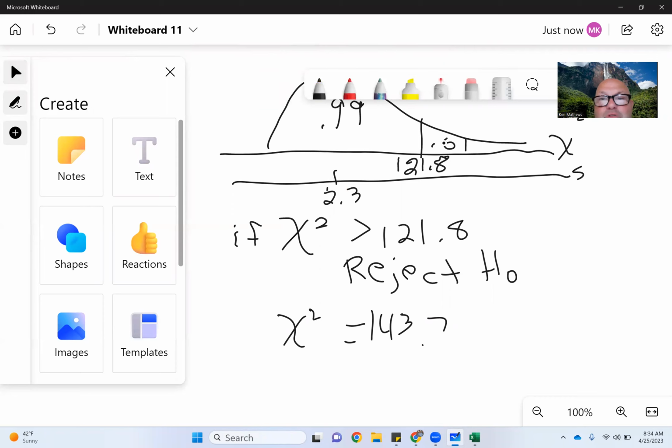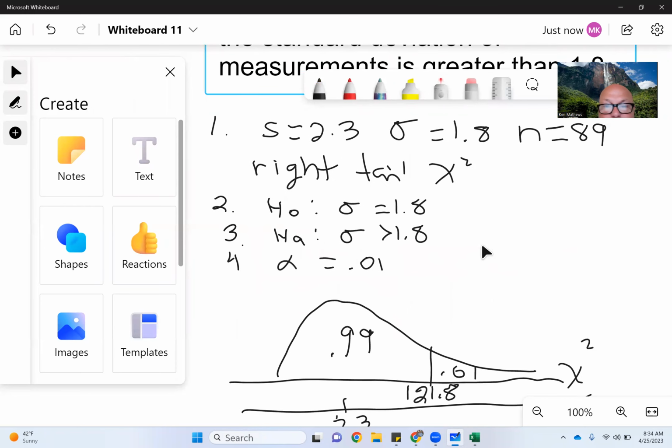So then we go to our alternative hypothesis because we've proven it true. So that means the standard deviation for those 89 nurses is indeed greater than 1.8. We've proven it. So what does that mean? They stink at taking blood pressure. They need more training with blood pressure, how to take the blood pressure and not screw it up.